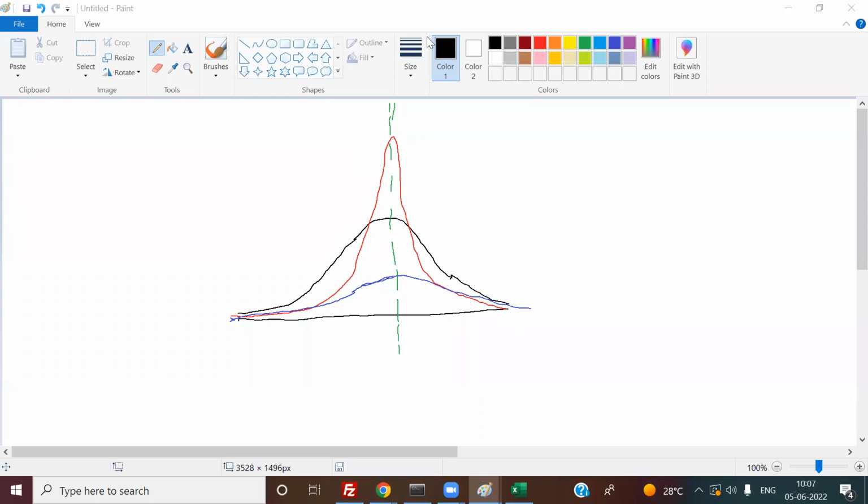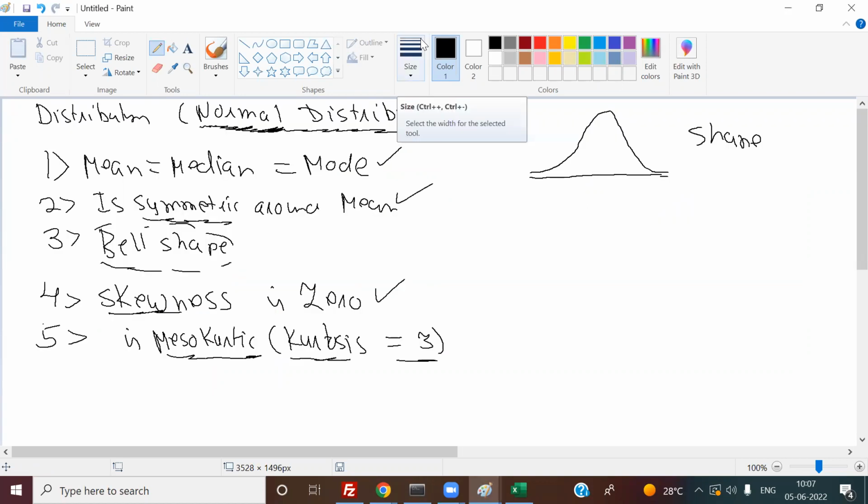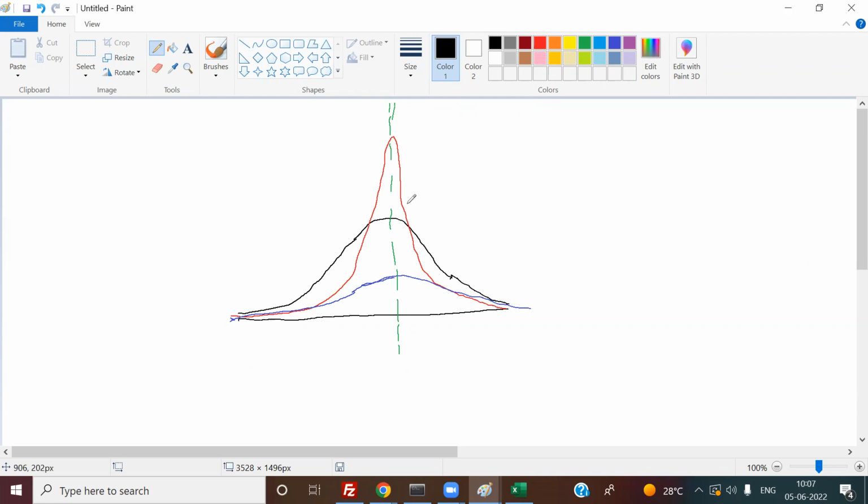The graphs are symmetric around the green line. And probably skewness is also 0. They are ending, right? But are all of them normal distribution? Are all three normal distributions? All 3 are not normal.